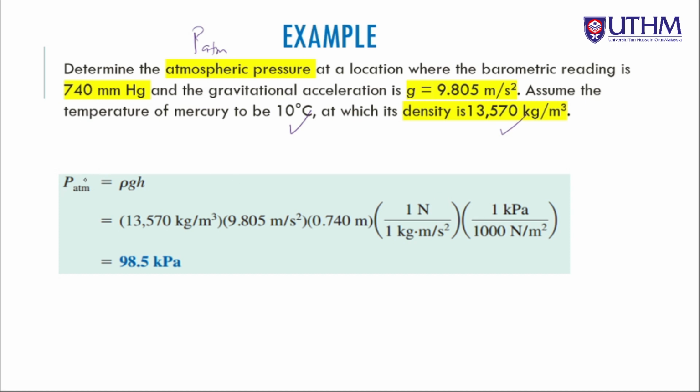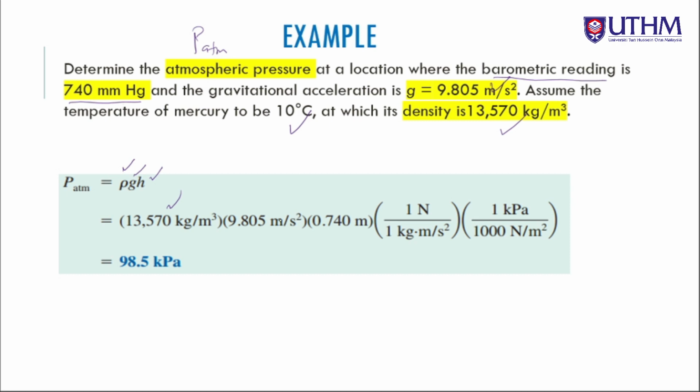So kita tahu the atmospheric pressure equals rho GH. Rho is given, the mercury density 13,570, and then the gravitational acceleration is also given 9.805, and also the H, the height, which is the barometric reading, equals 740 mm mercury.